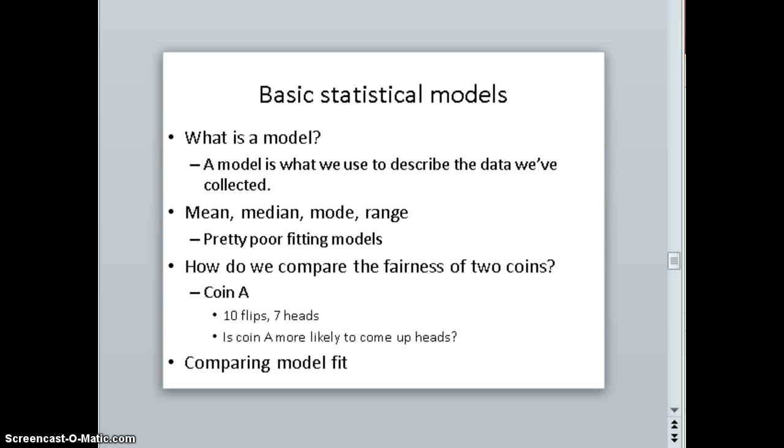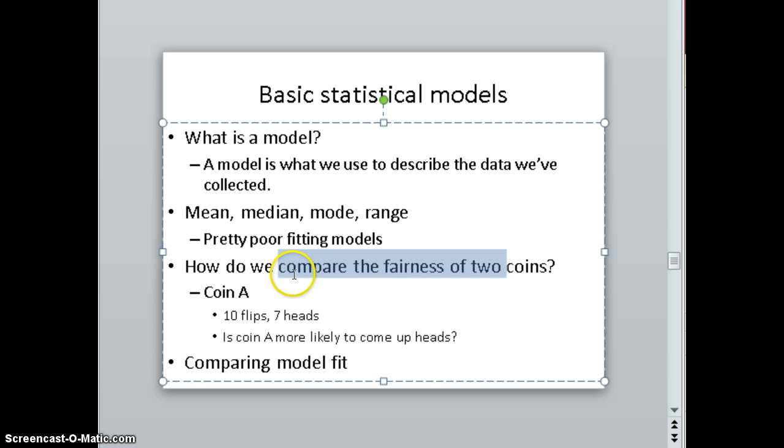So let's go back to our coin example. How could we evaluate the fairness of a coin? Let's say we toss a coin, coin A here.